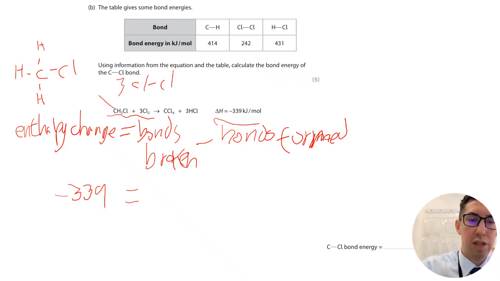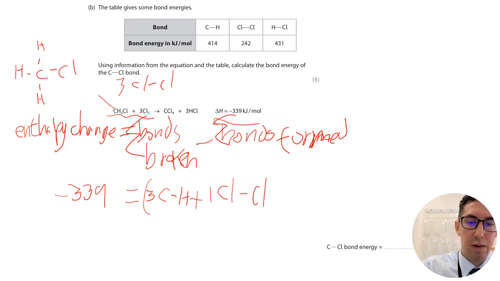Okay, so let's put it into the equation. The bonds we've got to break are 3 times C-H bonds, plus, this is sum of, minus sum of, so 3 times C-H bonds plus 1 times C-Cl bond, carbon-chlorine bond, that's that bond there.